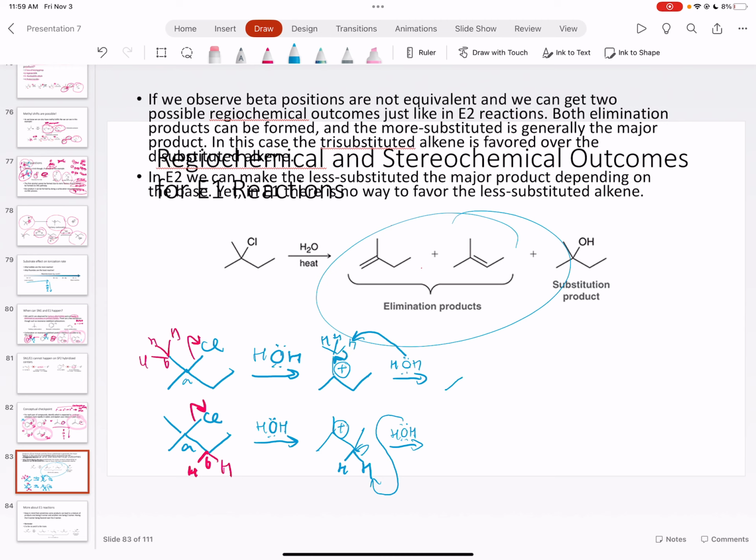Okay, so now that we have that, we have a positive charge in here, and then we have our negative placed in here. Then we have a positive charge in here, and then we have this one in here. Then we have our negative in here.